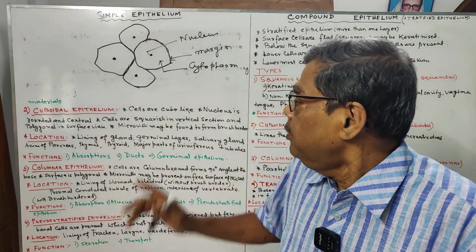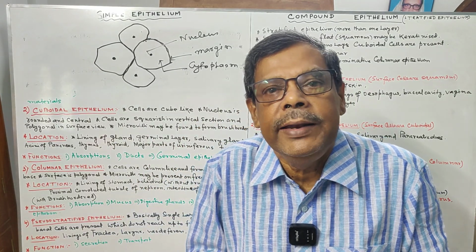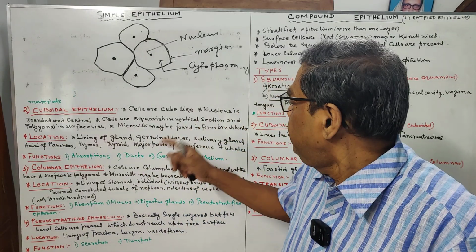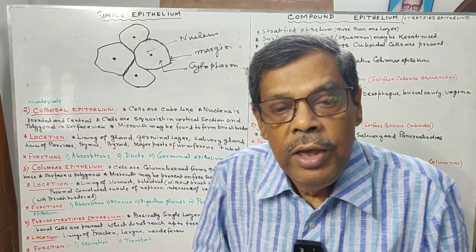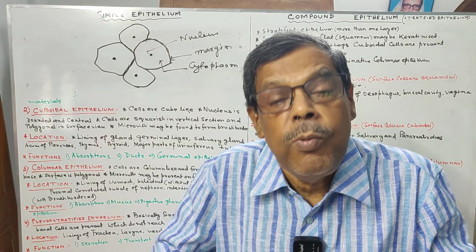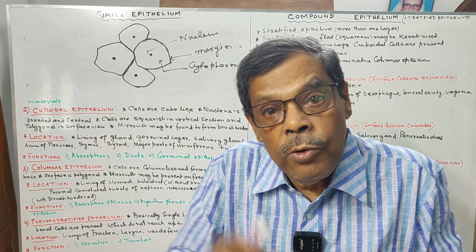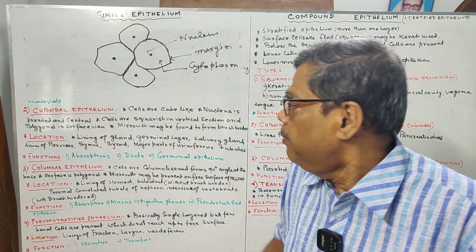Cells are square-like in vertical section, but polygonal in transverse section. It may bear microvilli over the surface, and then it is called ciliated cuboidal epithelium.